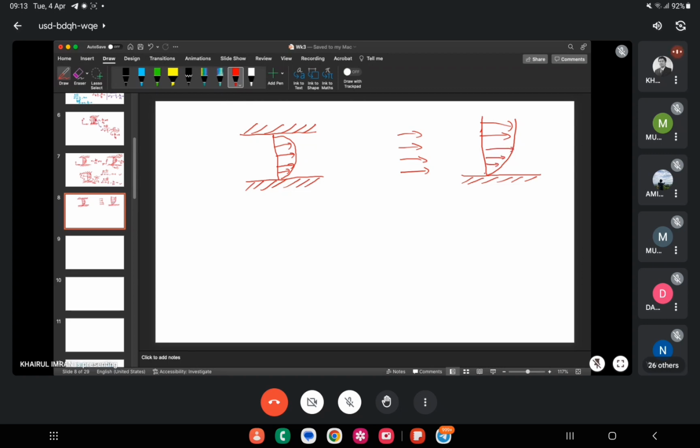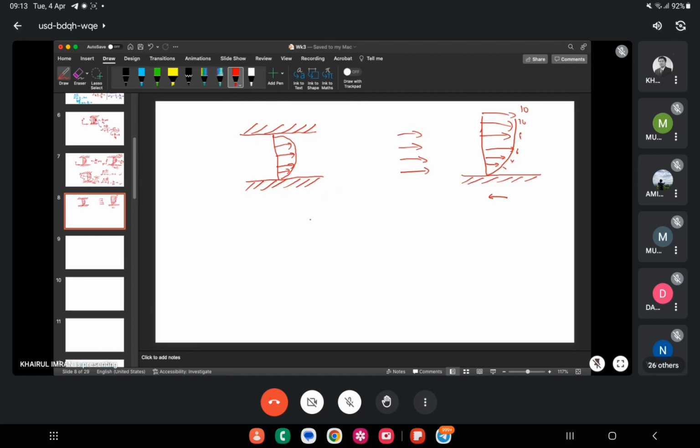Okay, bawah adalah surface roughness, so frictional effect to the left, so that's why dia jadi kosong. Atas adalah yang paling maksimum. So ni 10, 8, 6, 4, 2. So ni fixed plate.